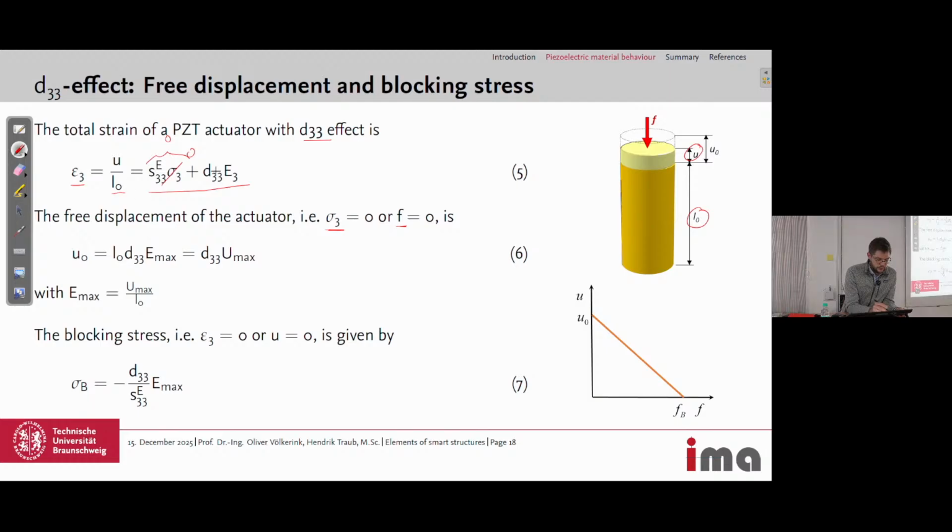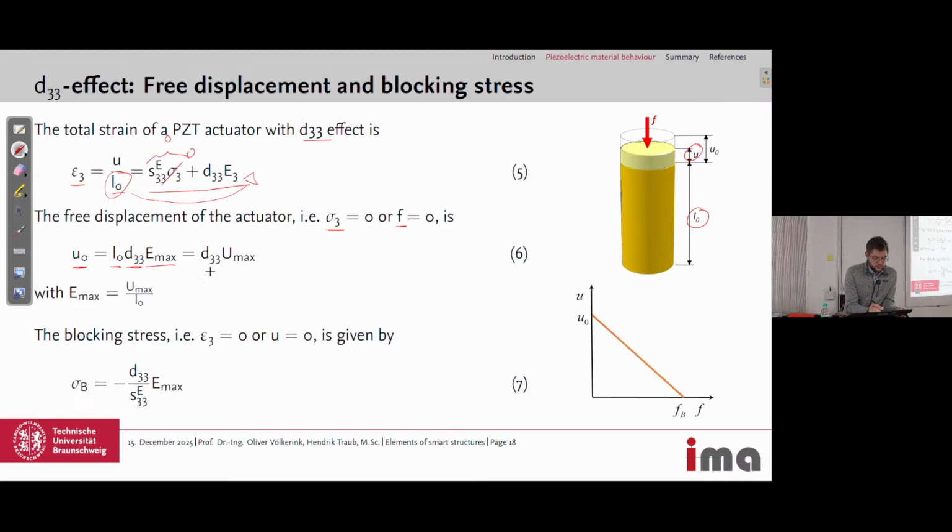And if we then multiply by the initial length L0, we get this equation for U0, which is the free displacement: L0, the initial length, times D33 times the maximum field.